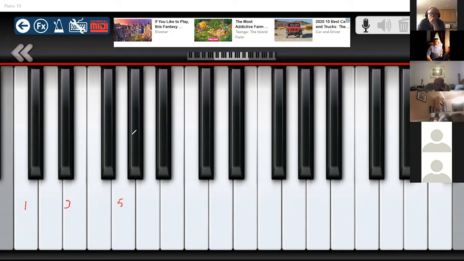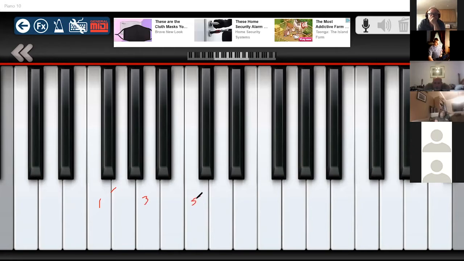Okay? Now look at what happens when I change those numbers. This is 1, this is 3, and this is my 5. It's the same distance between those notes. Let me change this. It's the same distance between here and here as it is between here and here. It's a major third.